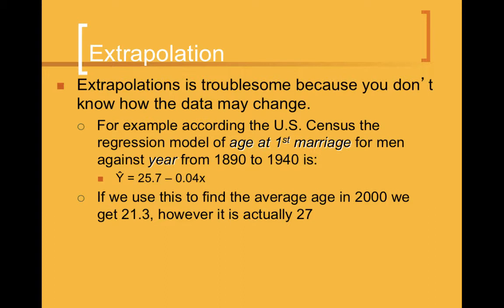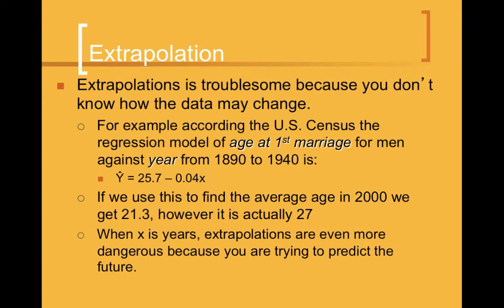However, the actual age was 27. So in 2000, on average, men were 27 years old when they were getting married for the first time. According to the model, it was supposed to be 21.3. That's not even close. So in this case, it did not work.